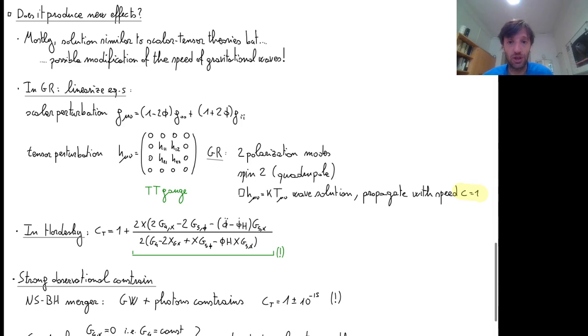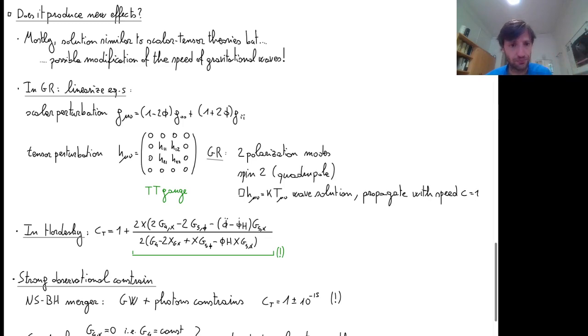Okay, so in GR again you get your metric, you use a perturbative approach, you obtain your linearized Einstein field equations. In vacuum, so with this term set equal to 0, there is a harmonic equation whose solution tells you that the speed at which the perturbation is moving across the spacetime is the one of light, c equal to 1. Okay? You should do the same in Horndeski. I'm not going to do that because it's a bit horrifying in terms of mathematical steps, but conceptually you do exactly the same.